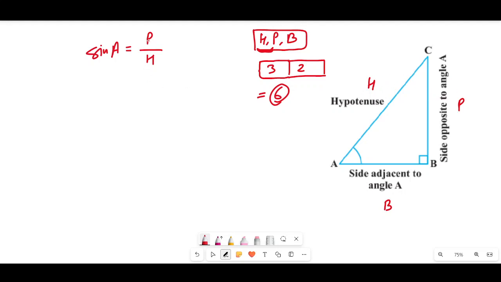One is P by H, then H by P, B by H, P by B, B by P. There are 6 ways only. Clear? 6 ways to write this.